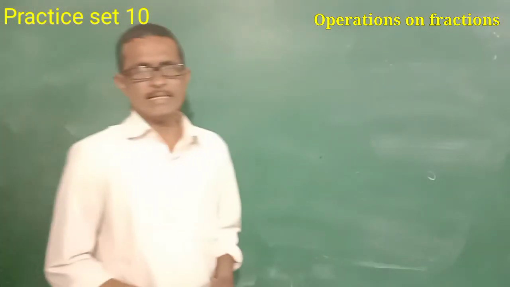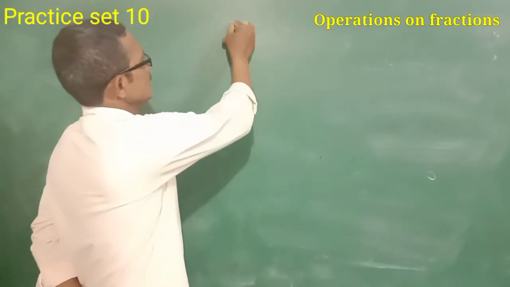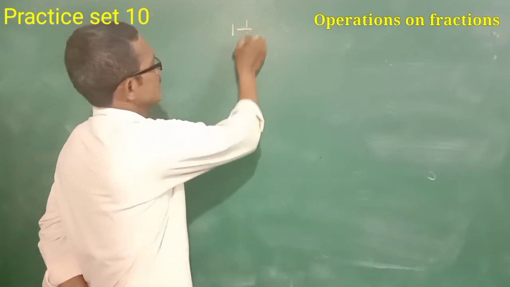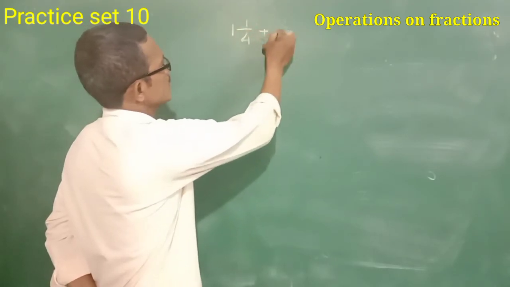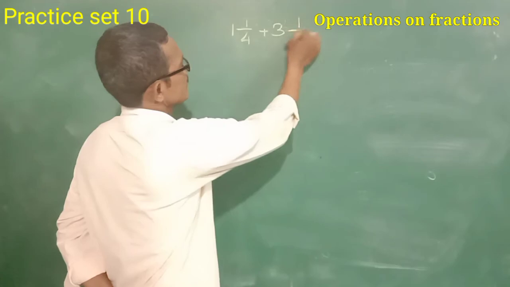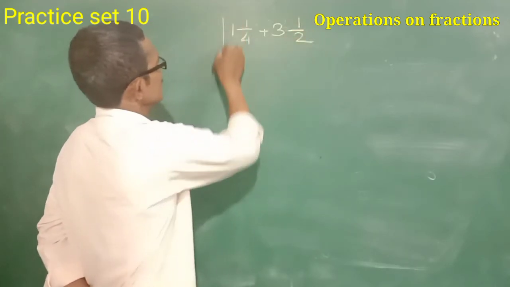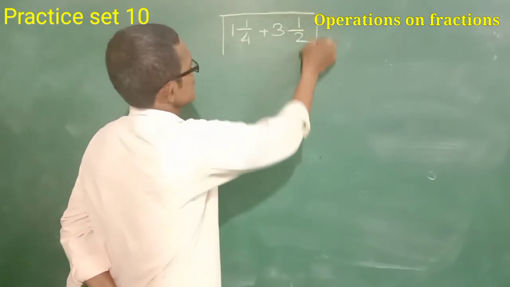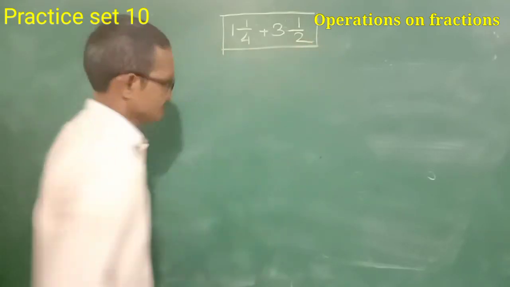Now let's solve another example. 1 integer 1 upon 4 plus 3 integers 1 upon 2. Let's solve this by both the methods.